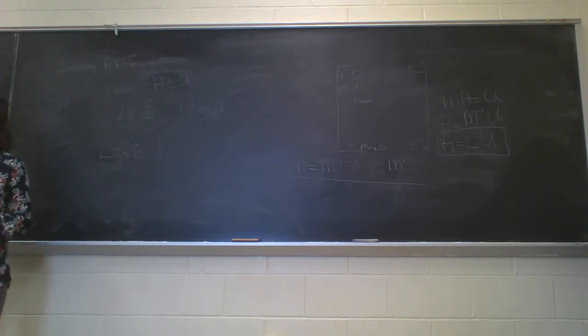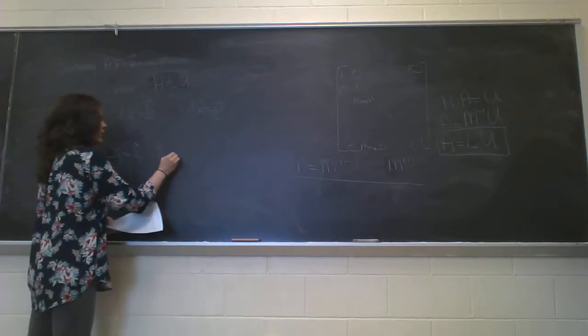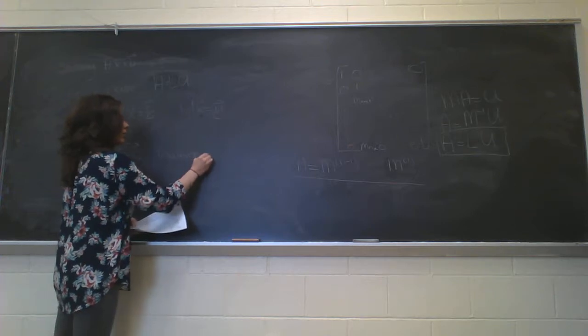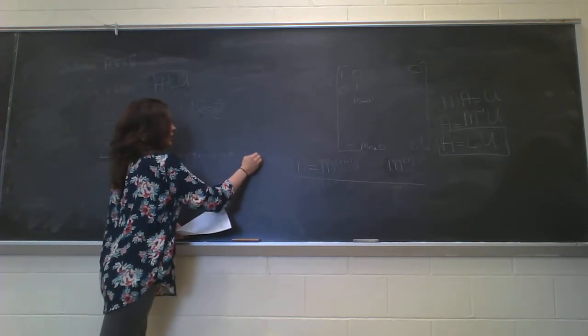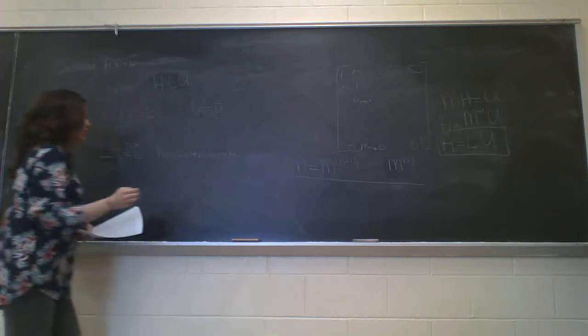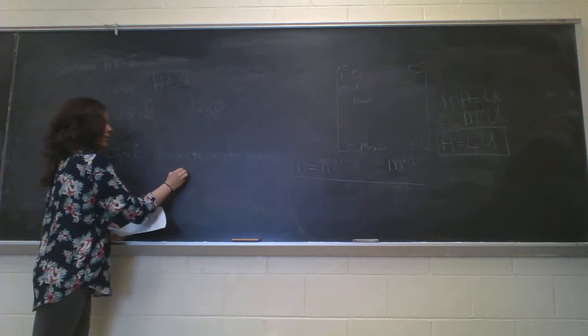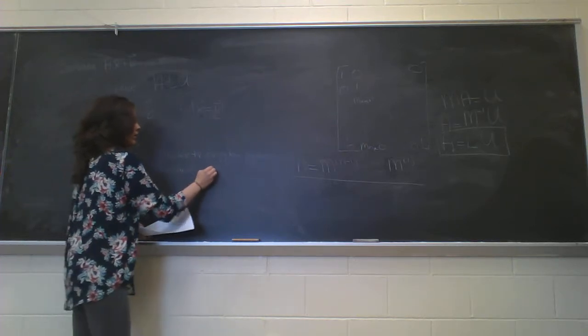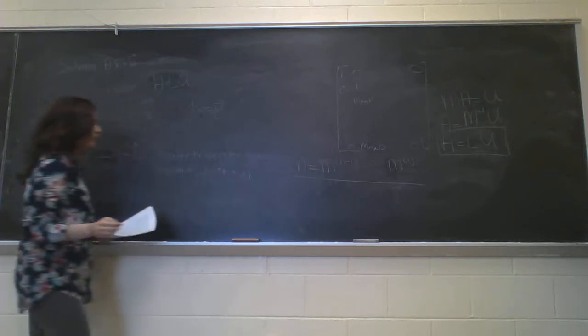Lower or upper triangular? Lower. Ly equals b is a lower triangular system, so we solve this by forward substitution.